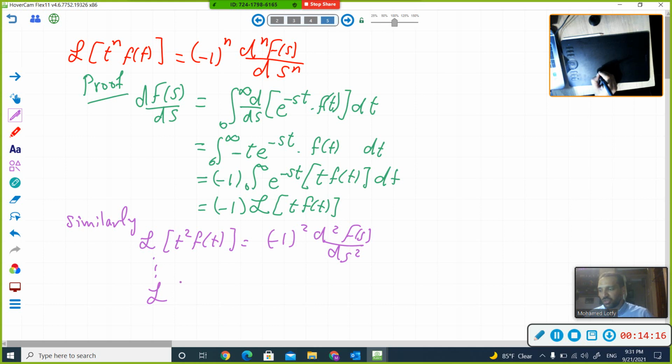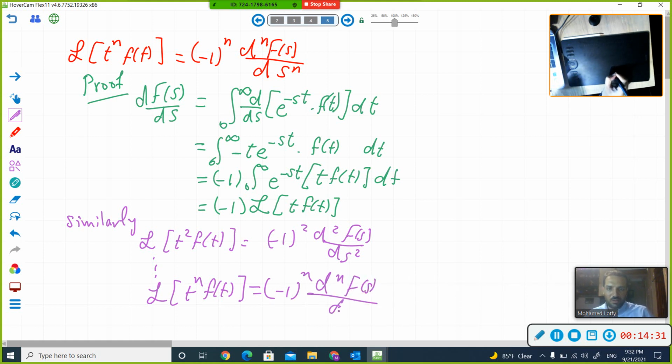till we reach the final rule that we want to prove: the Laplace transform of t to the power n f(t) equals (-1) to the power n times d^n F(s)/ds^n.